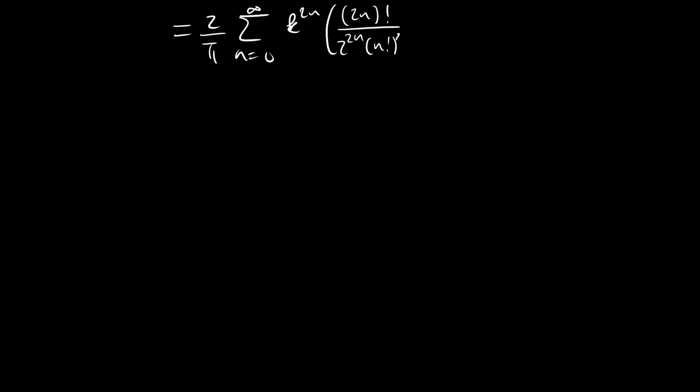So we said our problem has gotten us to this point of k to the 2n, in brackets, 2n factorial over 2 to the 2n over n factorial squared, times pi over 2, and the same thing repeats over 2.